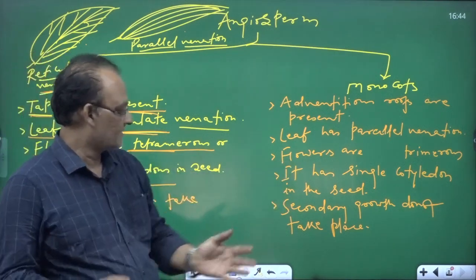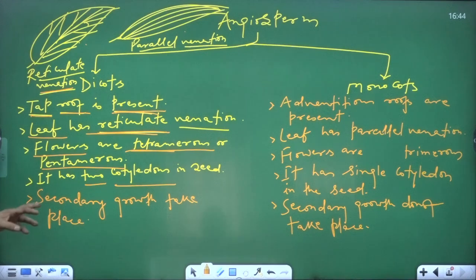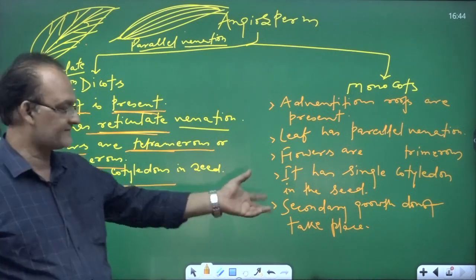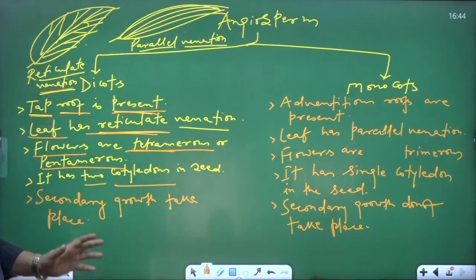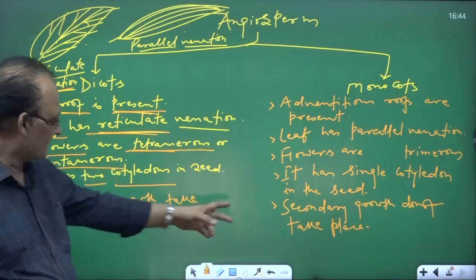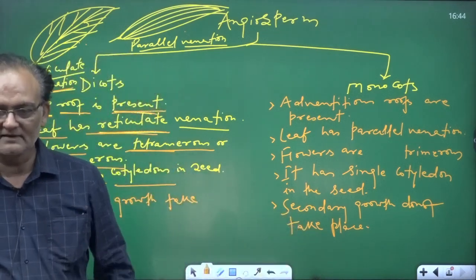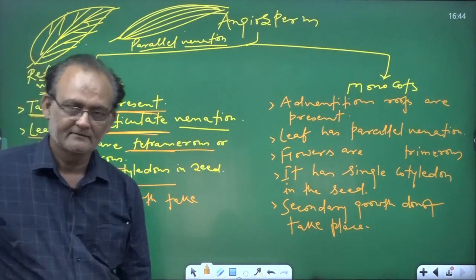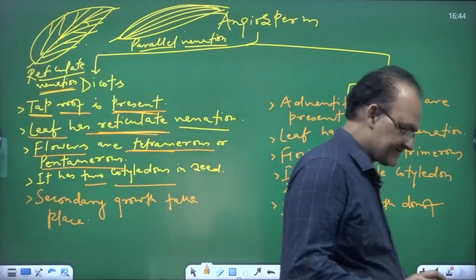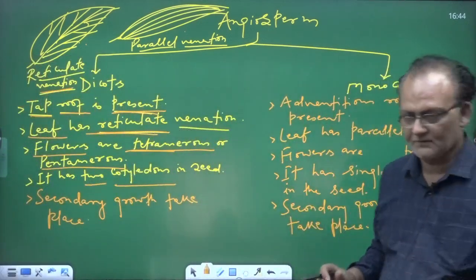Here it is trimerous. It has 2 cotyledons, it has a single cotyledon. Secondary growth takes place in dicots, but in monocots it does not. So vascular cambium is present, vascular cambium is absent. So this is about the angiosperm features.